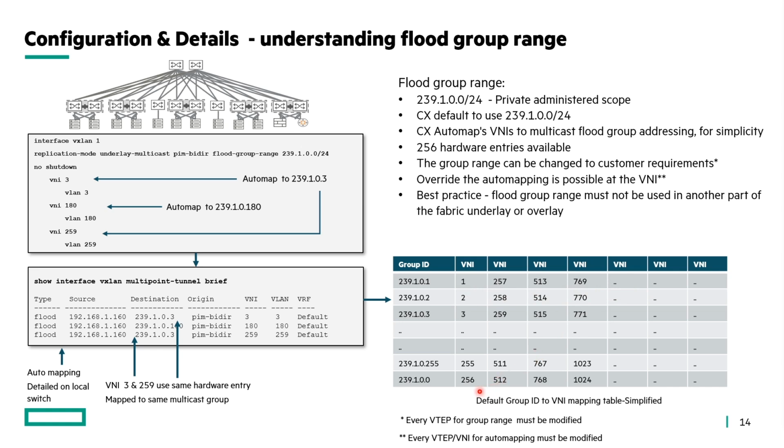We can see that 239.1.0.255 is mapped to VNI 255, 511, 767, and 1023, and so on and so on.